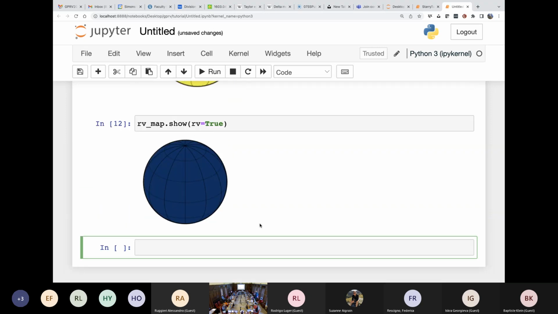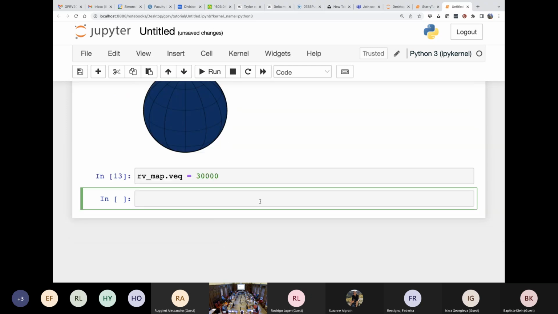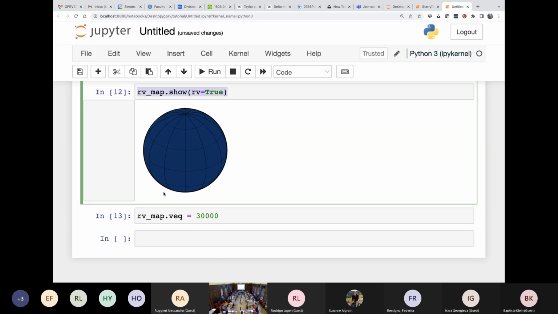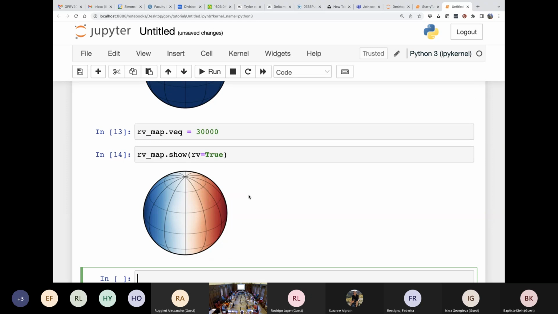I get nothing, and that's because I haven't told starry what the rotational velocity of the star is. To do that, it's just the veq property for equatorial velocity. Let's give it an equatorial velocity of, I don't know, 30 kilometers per second. Pretty fast, but just as an example. Then if I run the same cell again, you can now see that what we're showing here is the velocity weighted intensity map of the surface.